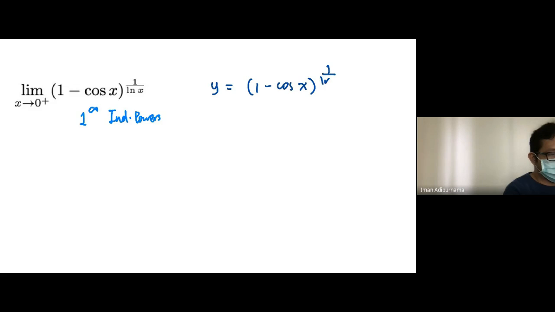Okay, I think the first thing is we check that this is an indeterminate power, of 1 with power of infinity. Then you can let y be your function here and take the ln of both sides, and you have ln y.